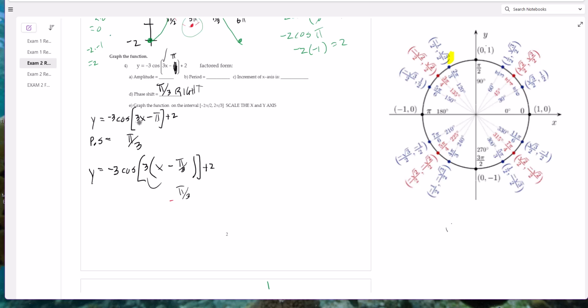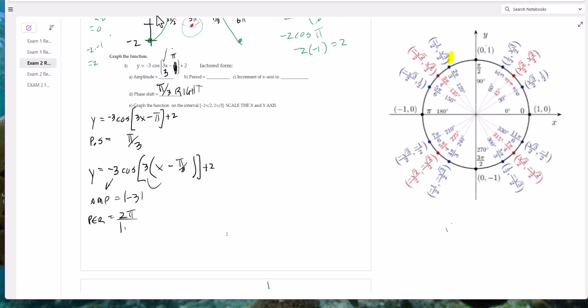Now if we go through and get the rest of this put together, the amplitude is going to be the absolute value of -3. So that's 3. That'll tell us something about our max and min. The period, we're going to do the formula 2 pi over b. And again, b is 3.